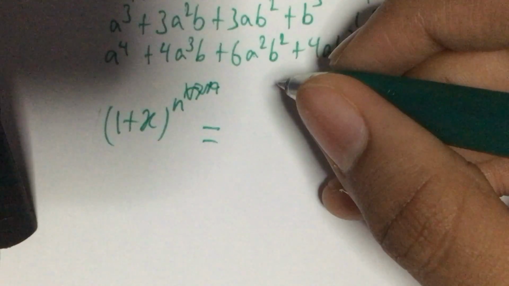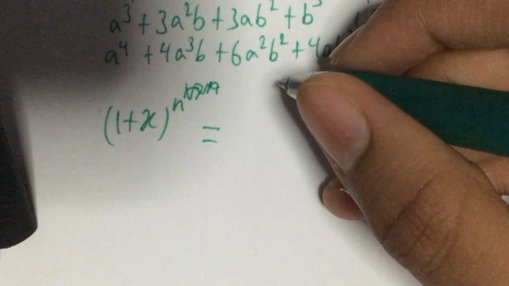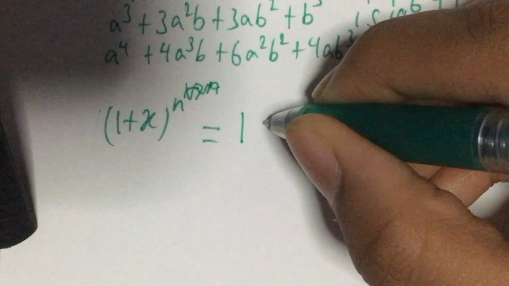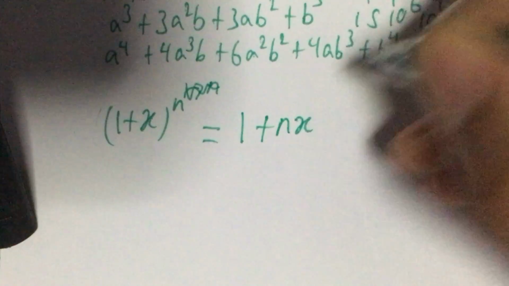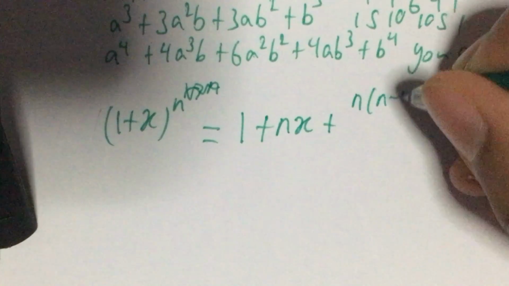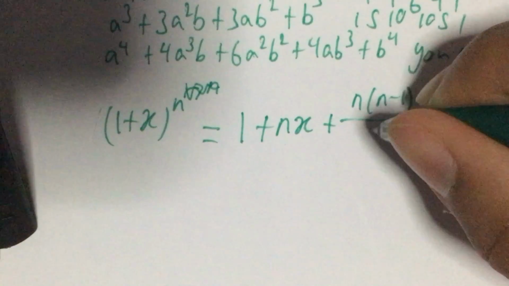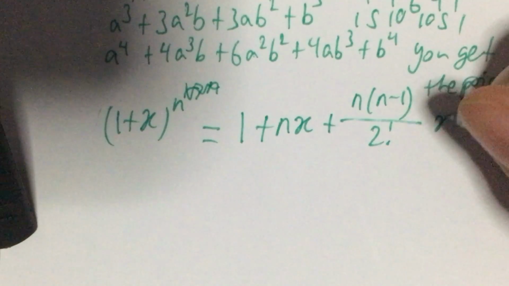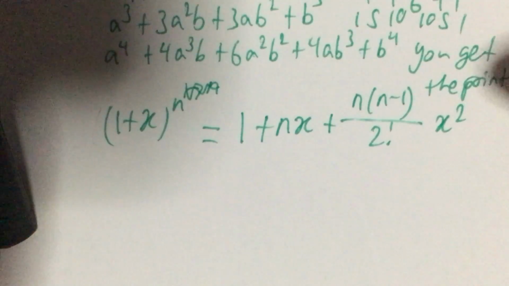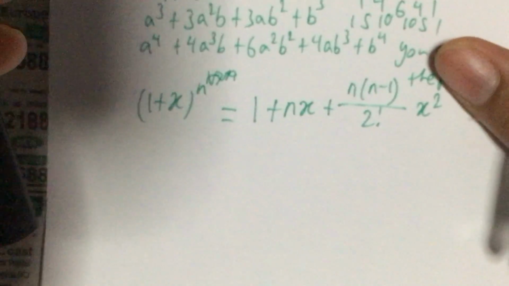So when you have a power, you don't get a positive power all the time. You sometimes get a negative power, like (1 plus x), the whole thing to the power of -1 or -2, or maybe something like (1 plus x) to the power of half or 1/4 or something like that. And in that scenario, you can't just do a binomial expansion, which I just covered. You have to do something else.